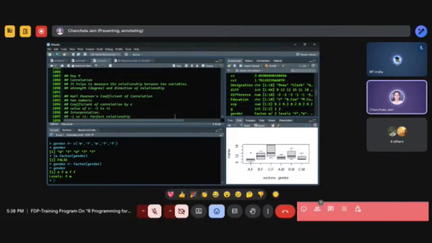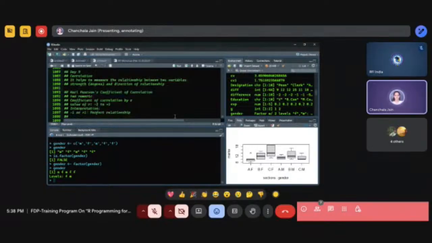Perfect means the two variables are almost identical in nature. -1 means a perfect negative relationship, and +1 means a perfect positive relationship. That means minus and plus indicate the direction of the relationship.